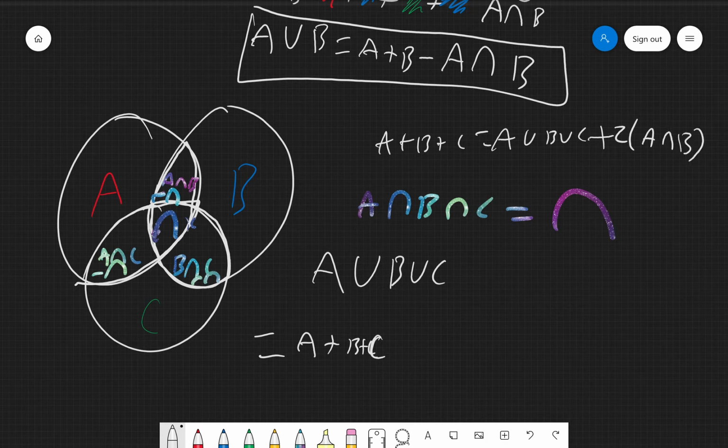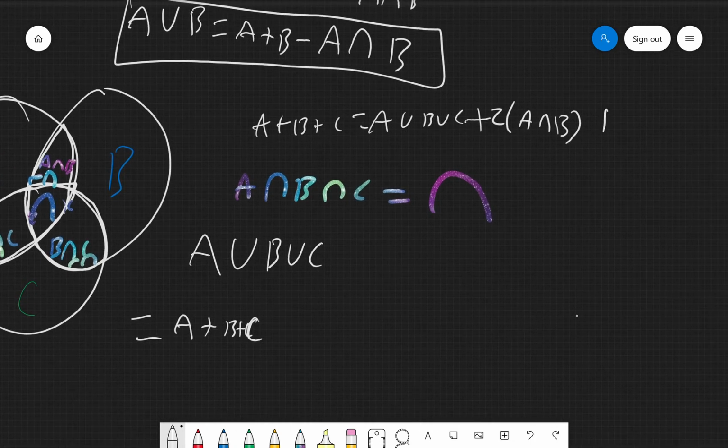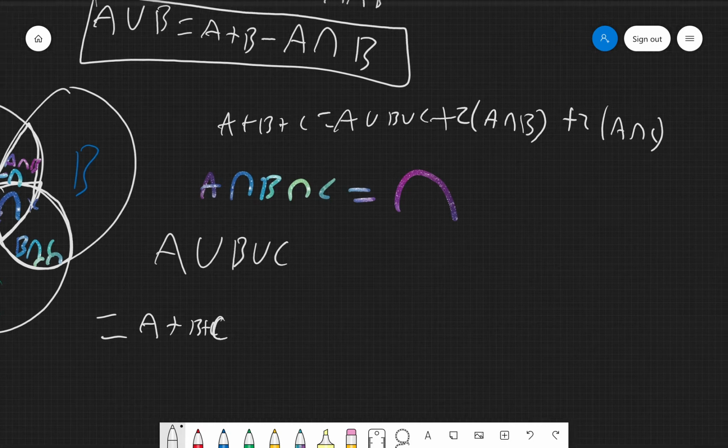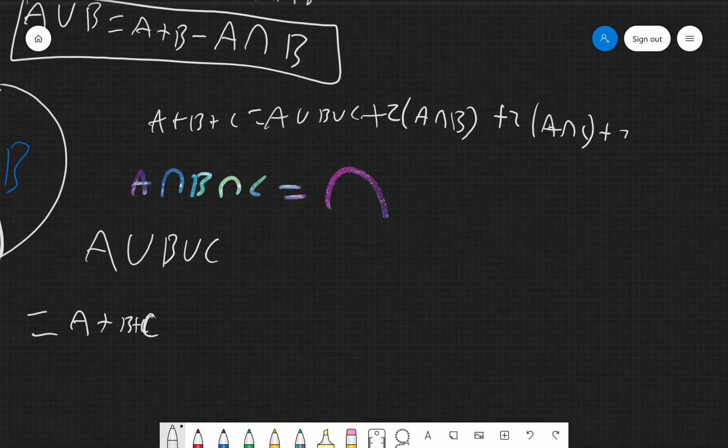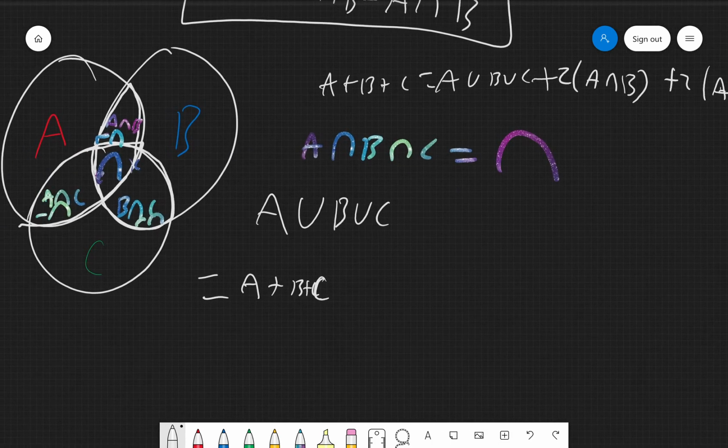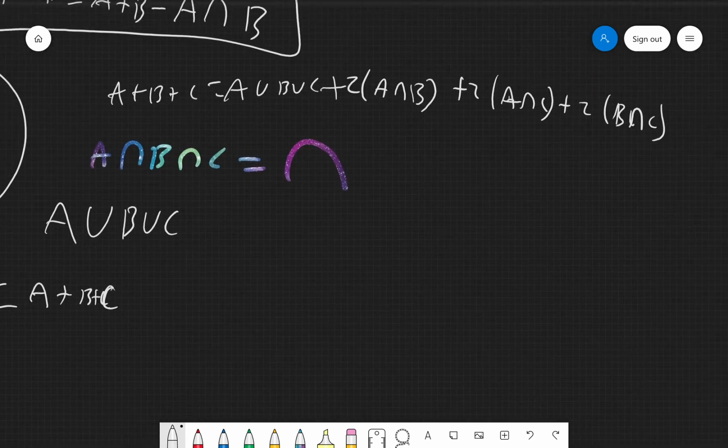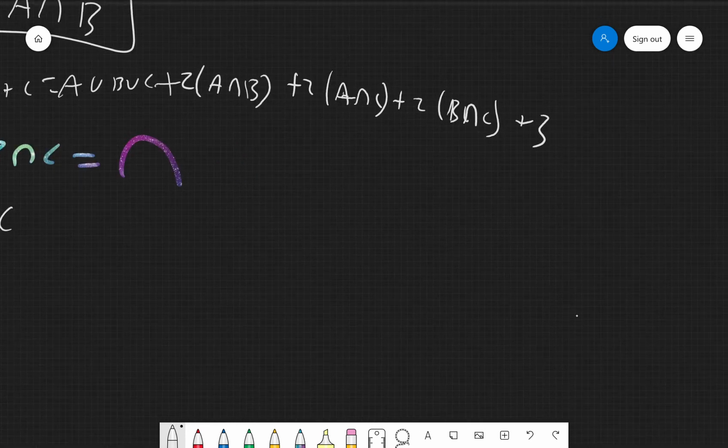We're going to have two of them. We're also going to have two of the A intersections C, and of course two of the B intersections C. But then the middle is going to be counted 3 times, so we're going to have 3 times the big intersection.